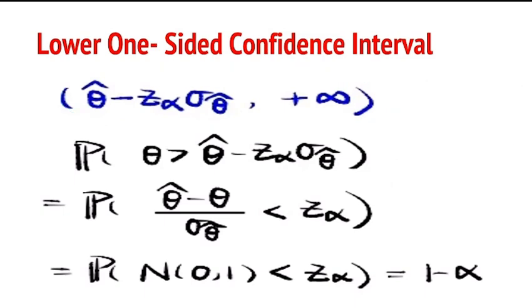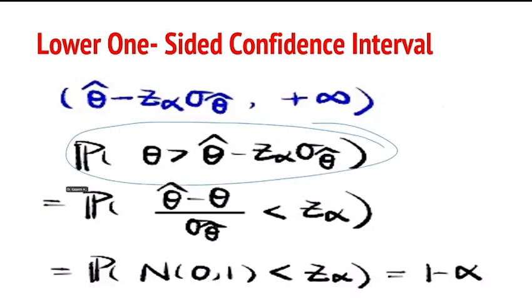If I want to figure out how, the way I walked you through the two-sided the other time, it is the probability of the parameter being greater than this. Forget, this here is theta cap.